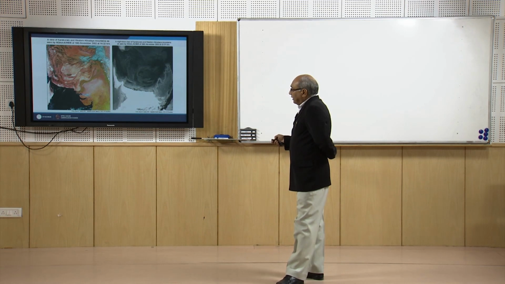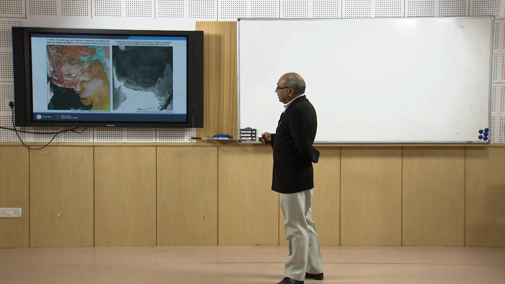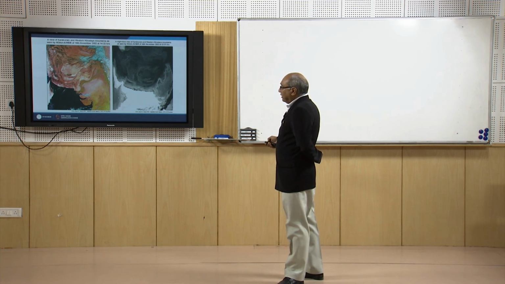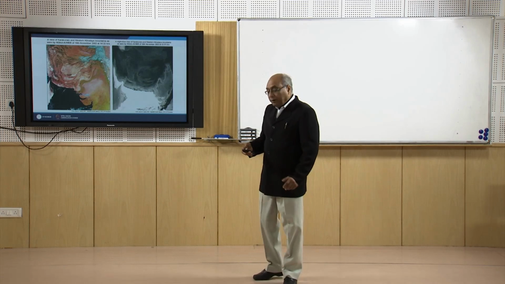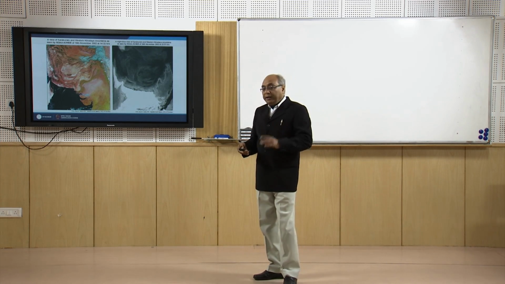Now in a false color composite image the same area may look like this, but in a thermal infrared image at night time the same area may look like this, like an X-ray kind of thing. So there is an altogether different appearance of Earth's objects in different parts of the EM spectrum, and also in daytime and night time.